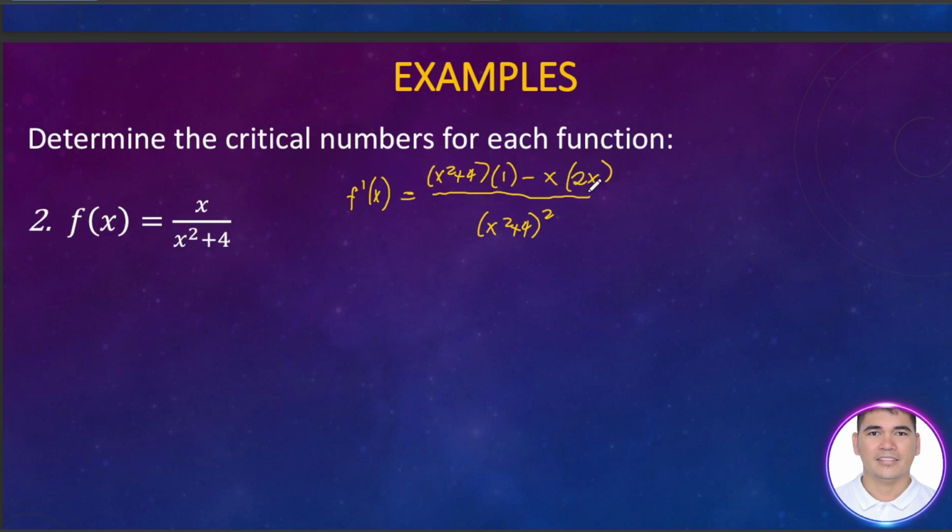Tama. Equals. So simplify. We got x squared plus 4 minus 2x squared over the square of x squared plus 4. x squared minus 2x squared. We got 4 minus x squared over the square of x squared plus 4. So that is the final answer. Equate natin sa 0.